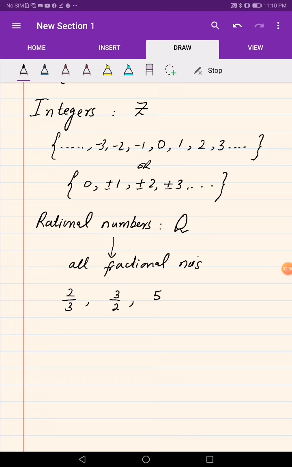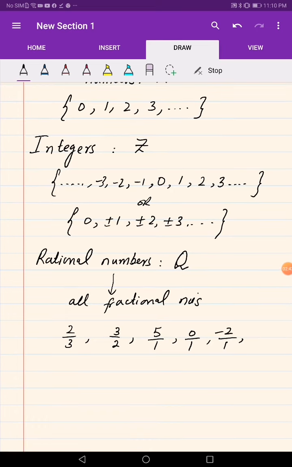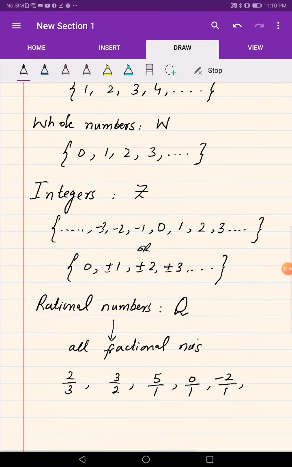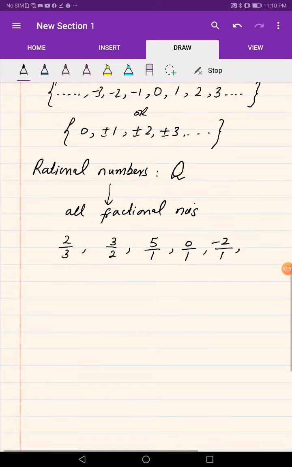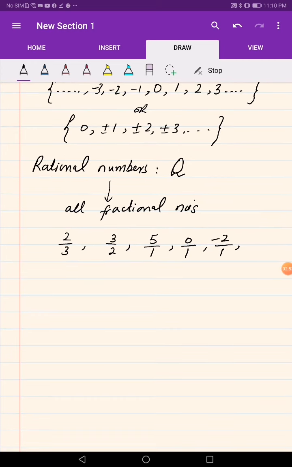When I say 5, 5 means 5 over 1; 0 is 0 over 1, minus 2 is minus 2 over 1. All these numbers are rational numbers. I can say integers, natural numbers and whole numbers are rational numbers. So all numbers you took, even, odd, are all rational numbers.